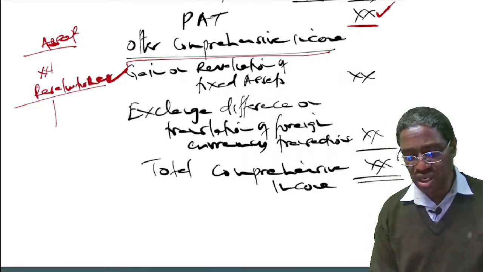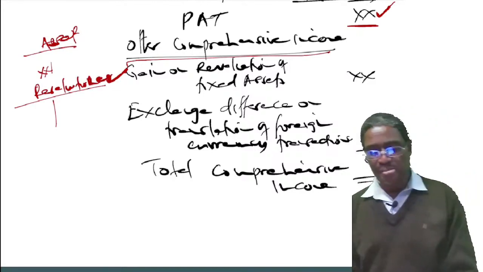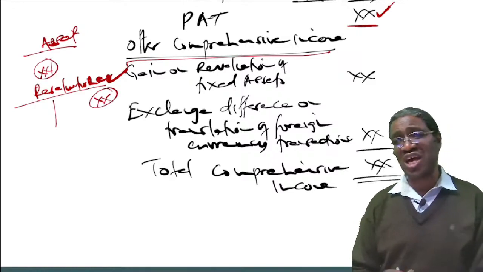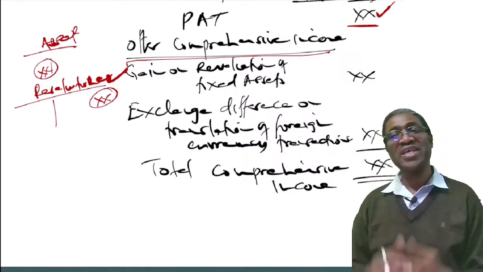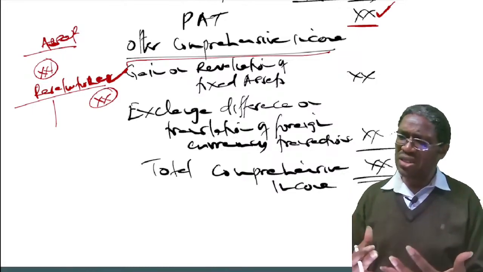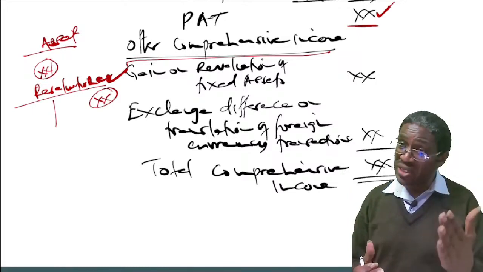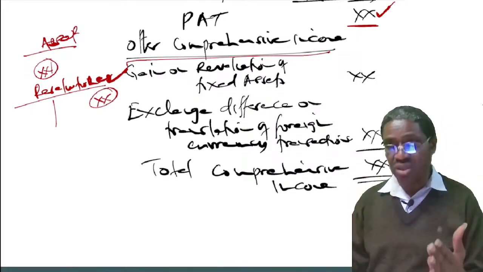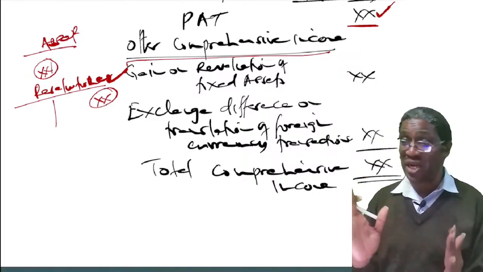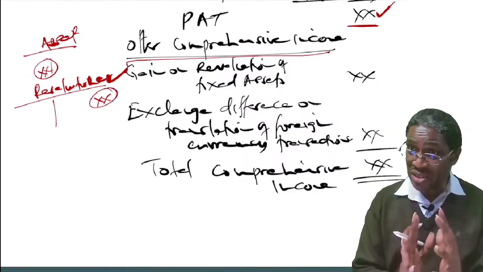So once you debit the asset and credit revaluation reserve with the gain on revaluation, is it a gain? Yes. But the rule says I debit the asset, I credit revaluation reserve. Revaluation reserve goes direct to the balance sheet, not to the P&L, but it's a gain, whatever it is.